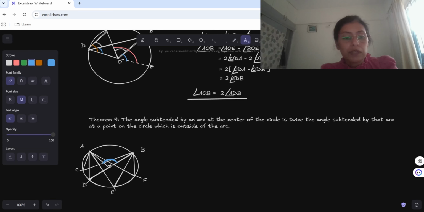Let me name the center also. The center is O. So AOB is the angle made by this arc at the center.